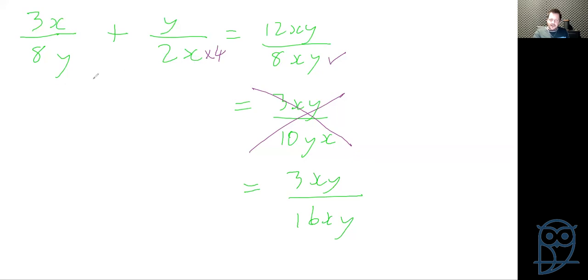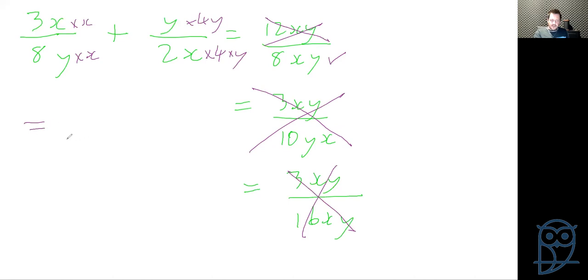However, my variables are different as well. So I need to have a y in my denominator here, and I need to have an x in my denominator here. So whatever I do at the bottom, I've got to do to the top. So I times by x on the top, and I times by 4y on the top there, which means that this numerator is incorrect, and that unfortunately is incorrect as well.